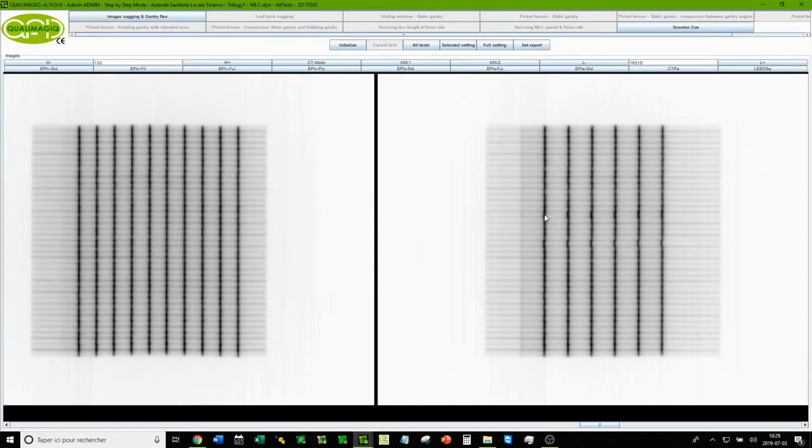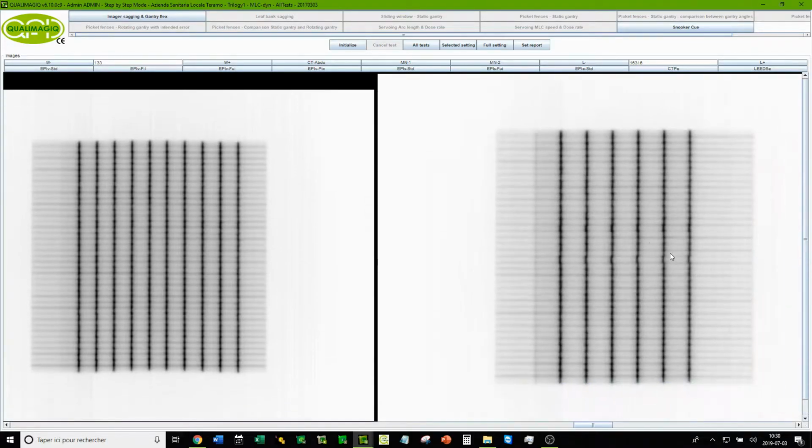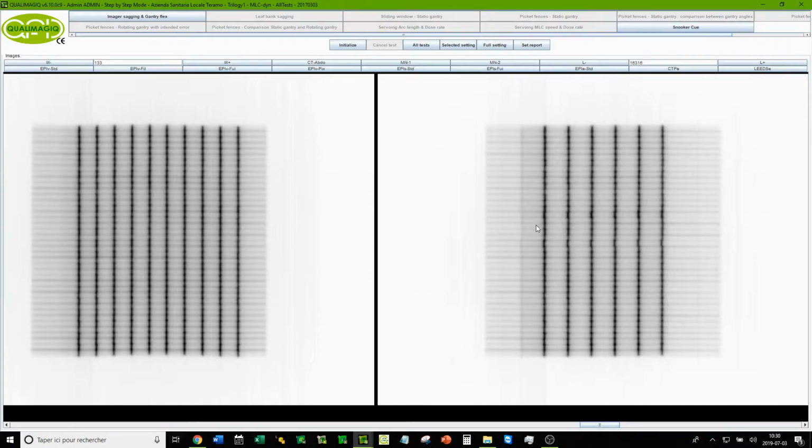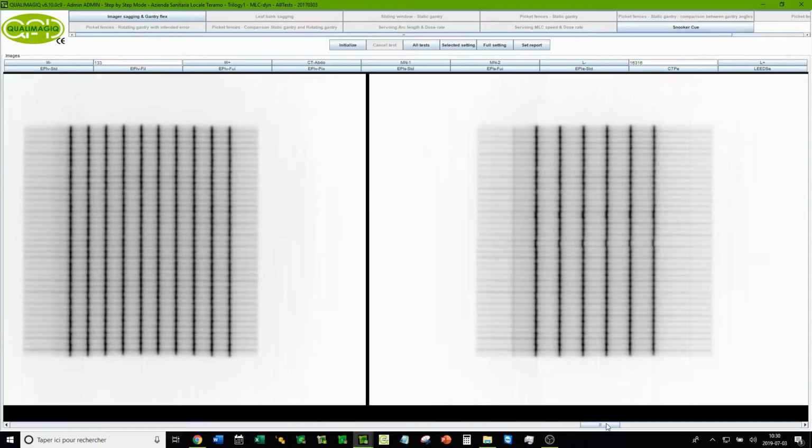The position appears to be respected to the naked eye, but we can see that the width was not doubled for this leaf pair. We are likely to encounter a width value outside of tolerance.